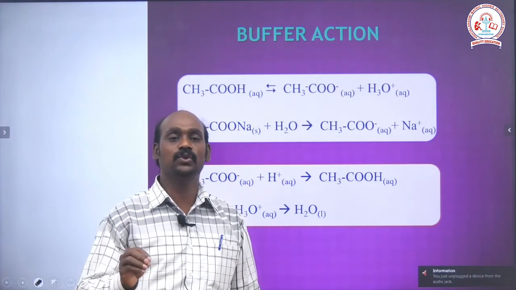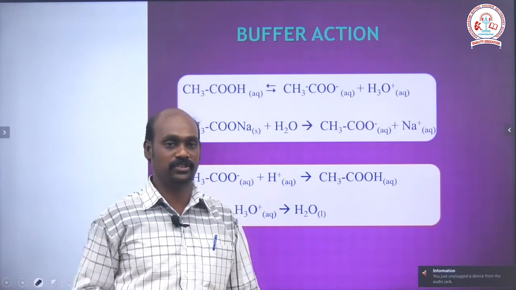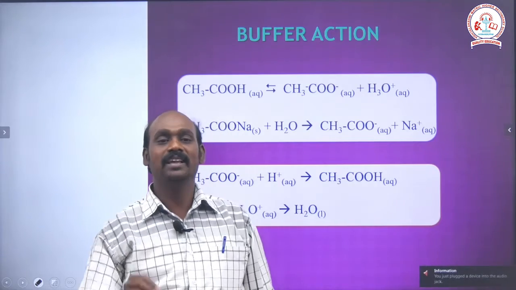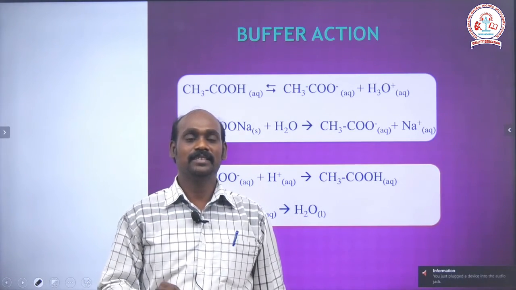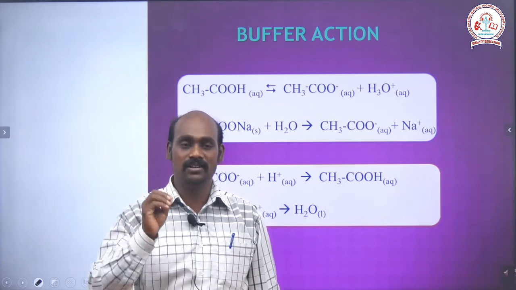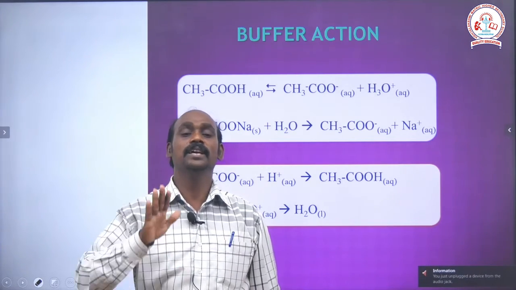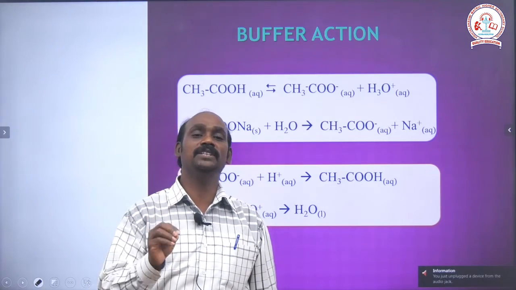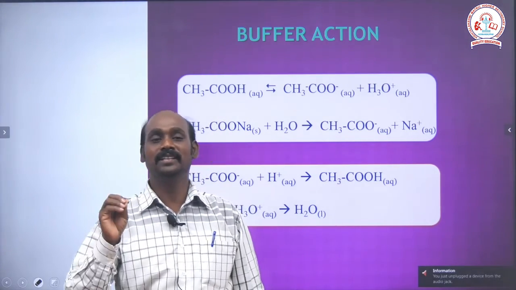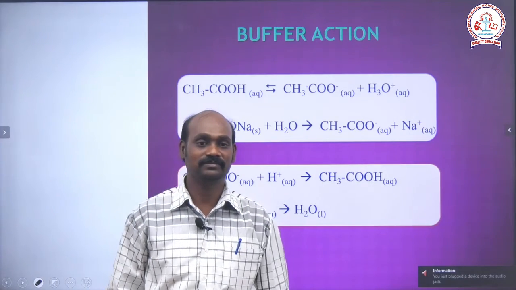So the pH of the solution remains unchanged. So by adding acid or base, the pH of the solution remains constant. That is called a buffer solution. The reaction which maintains the pH of the solution constant is called buffer action.